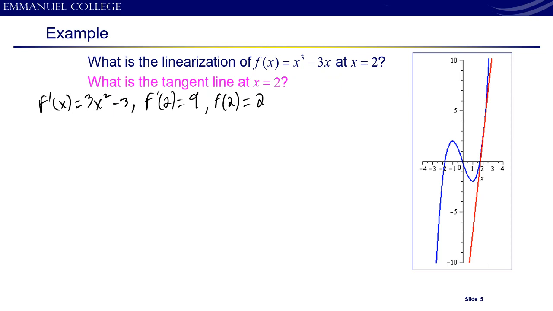So this is what our tangent line will look like. And remember, we're calling it a linearization, so we don't write y equals, we say L of x equals. So L of x equals 9 times x minus 2 plus 2.